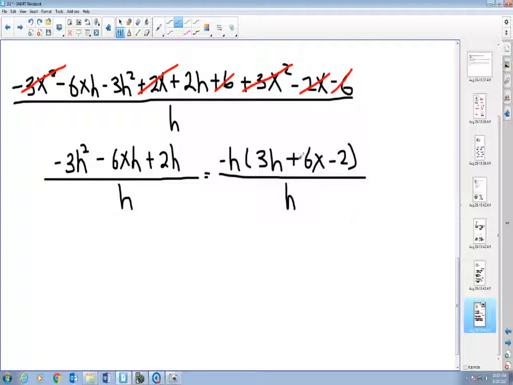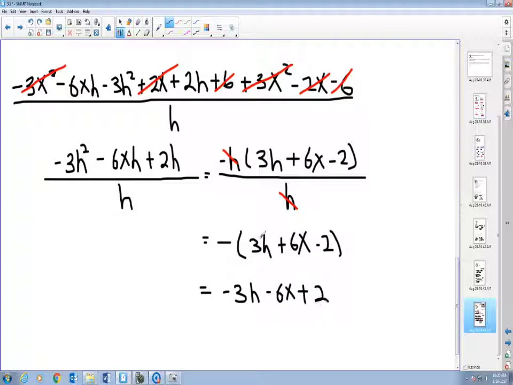What I want to show you is make the whole numerator into one term before you cancel out the h's on the outside. So my final answer can be negative 1 times 3h plus 6x minus 2, or if I did not factor out the negative, I would just end up with negative 3h, negative 6x, and positive 2. Either answer is actually correct.